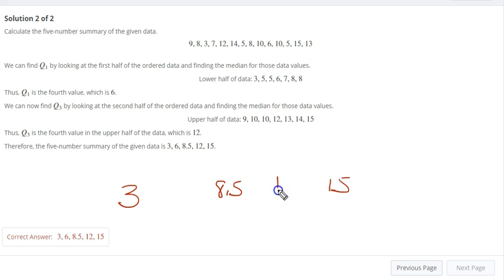This is going to be a 12 from here. And then for the lower ones, 1, 2, 3, 4, 5, 6, 7. Our fourth one is a 6. So now we have calculated the 5-number summary of our given data. Put them in parentheses and separate them in this way.